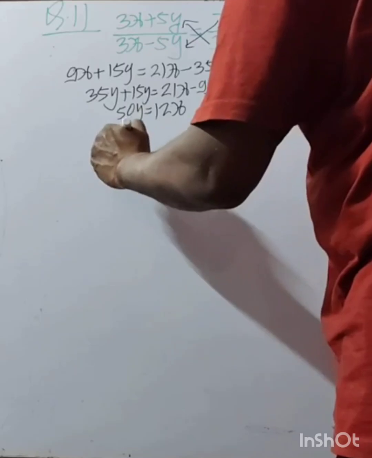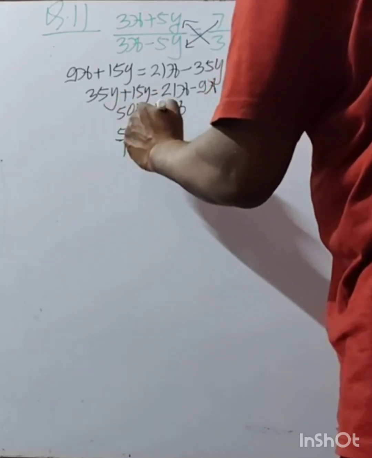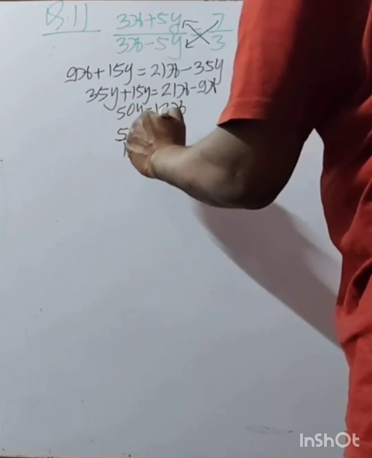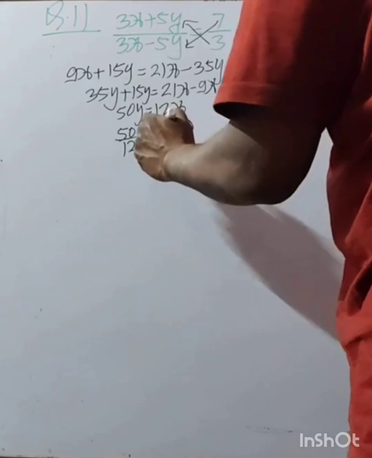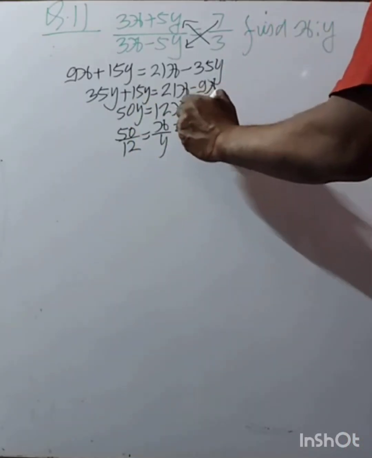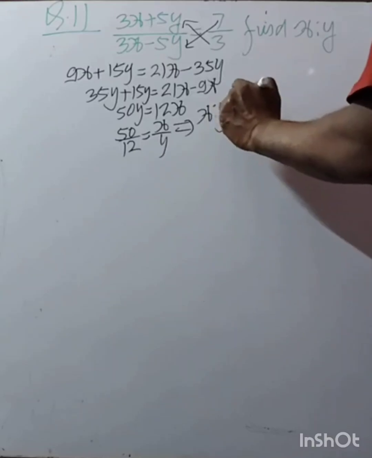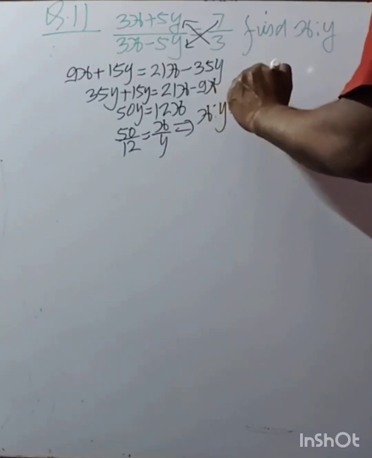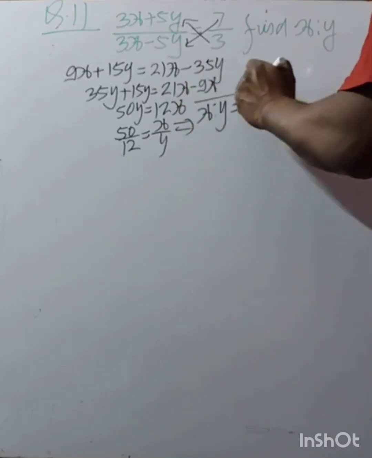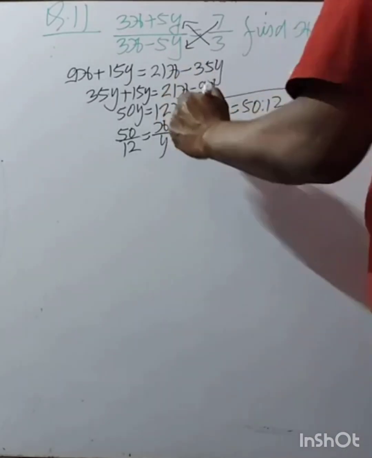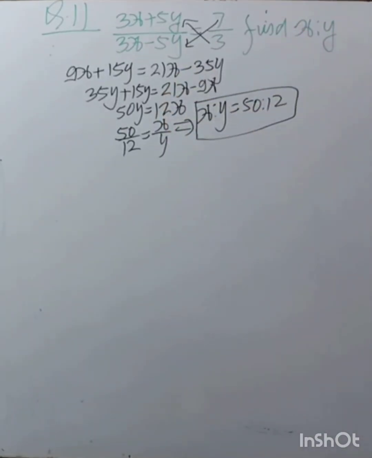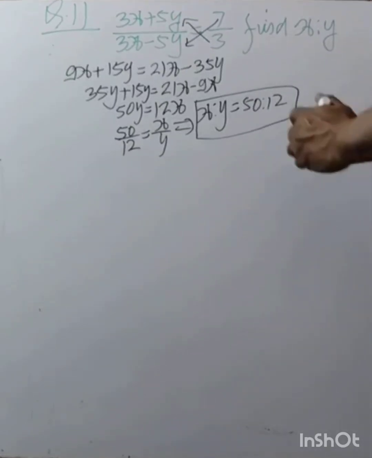So you can write 50 upon 12 is equal to x upon y, or you can say x ratio y is equal to 50 ratio 12. What is your answer? 25 ratio 6. We can simplify it.